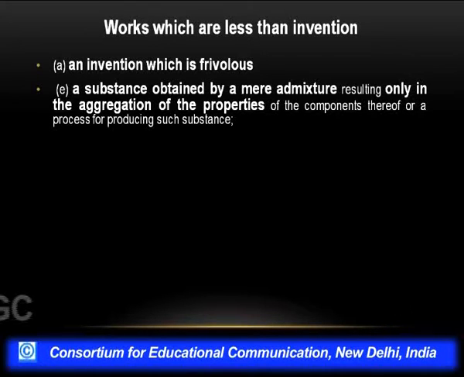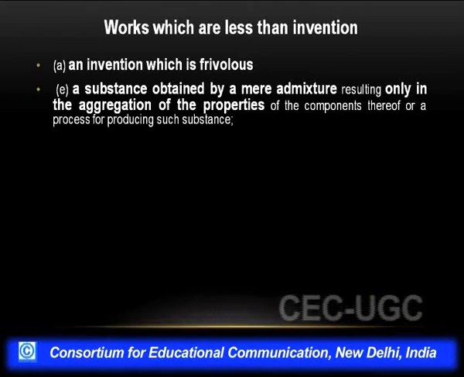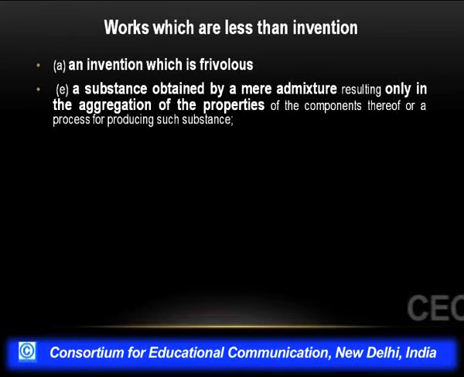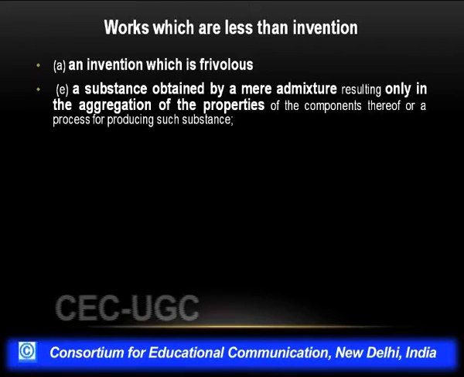One, the substance obtained by a mere admixture resulting into aggregation of the properties of the components thereof. Another thing that it excludes is the process for producing such substance.